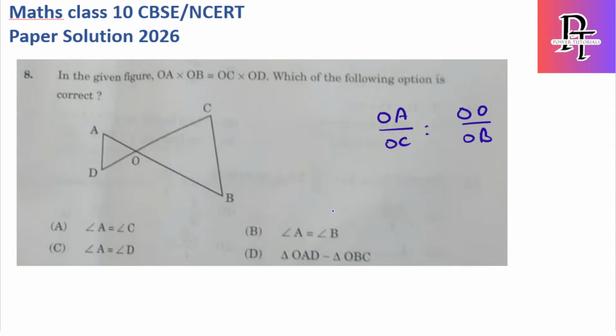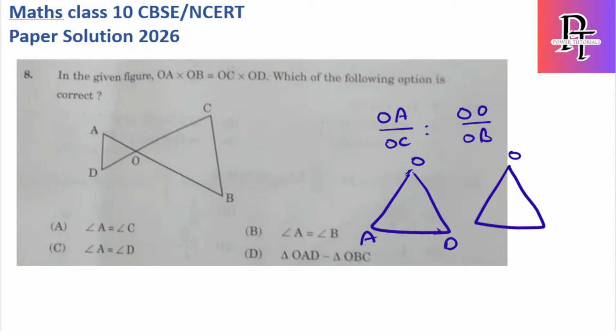Okay, so for that reason what I am doing is I will write these 2 triangles again. Let me retry it. So this is the first triangle if I write, and if I write the second triangle, then O is the common for both. First I will write OAD.